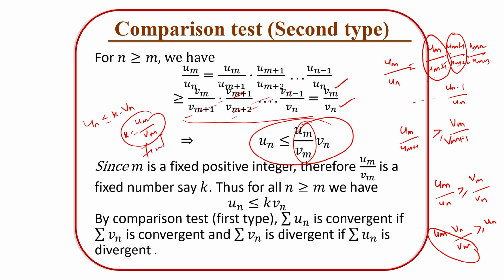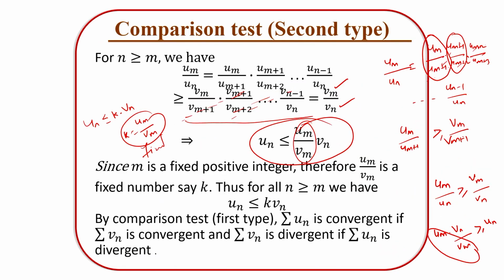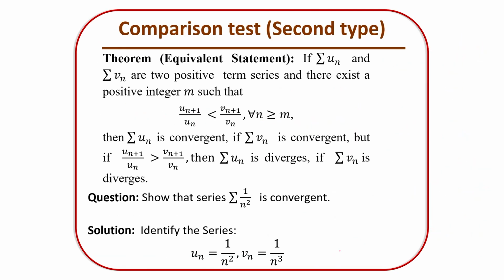So that is the same statement as we have for comparison test 1, the first type of the comparison test. So by comparison test 1, we can have the same statement: summation un is convergent if summation vn is convergent, and summation vn is divergent if summation un is divergent, and henceforth the proof is done, right?